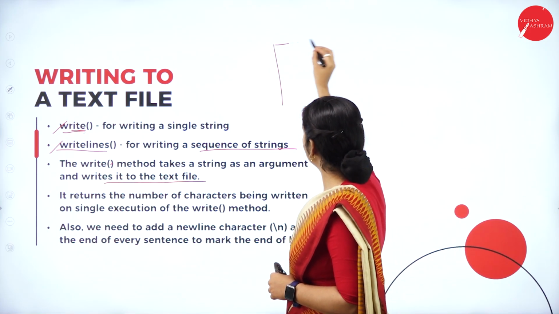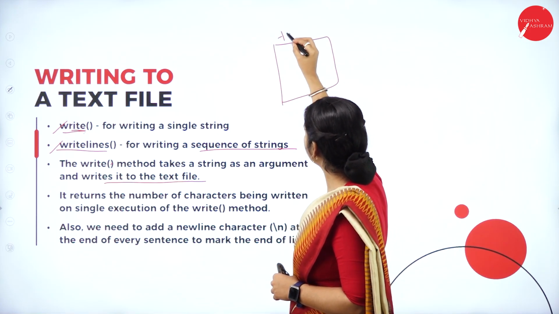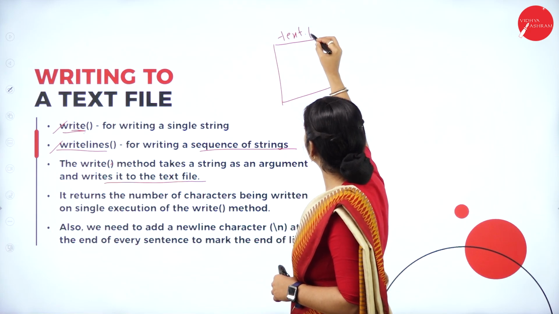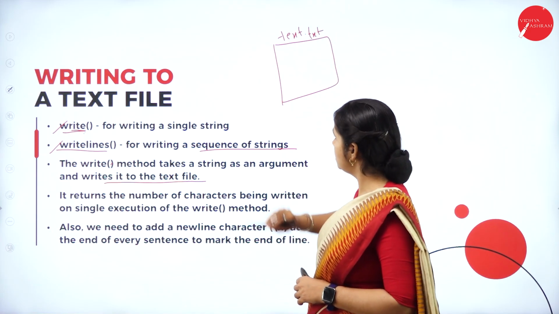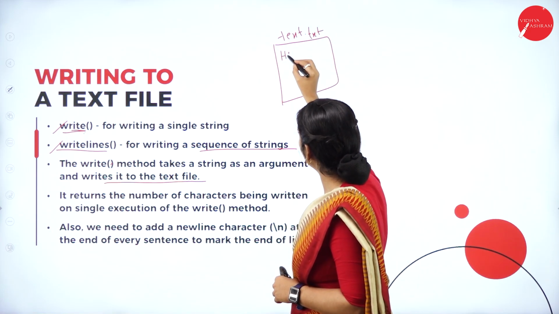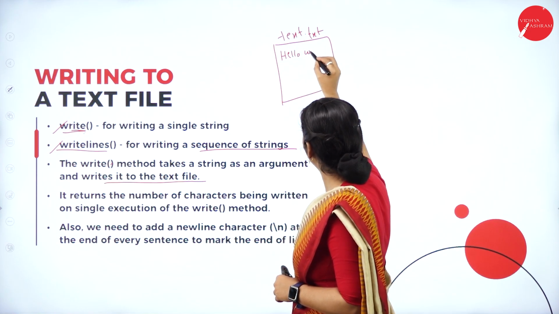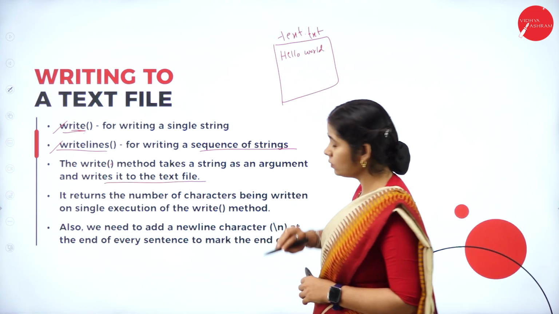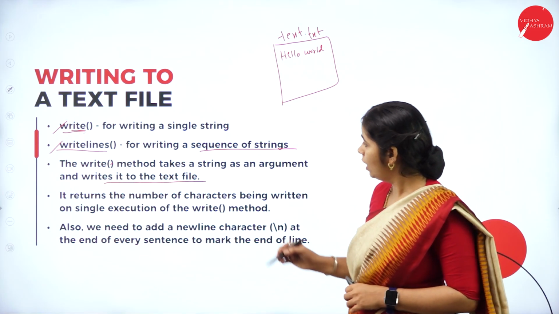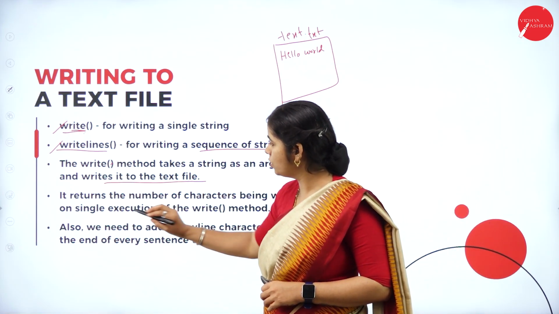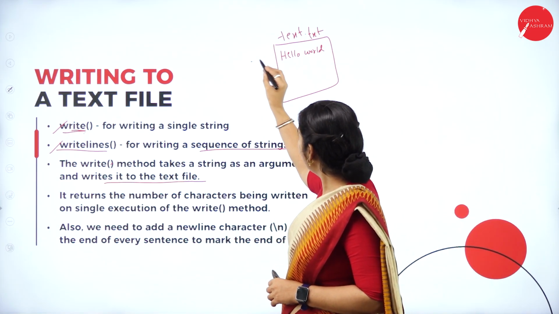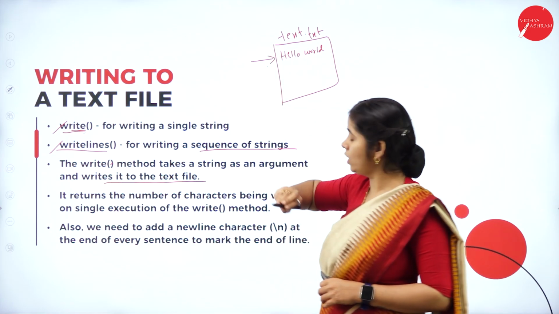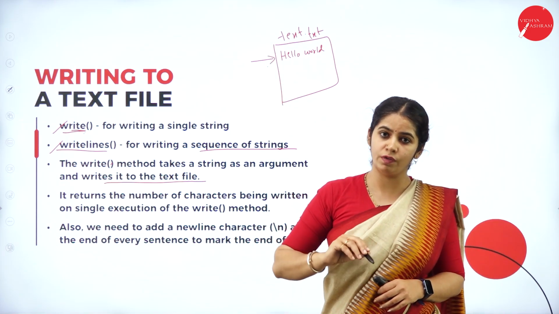Say consider this is my text.txt. What I have here is hello world. Hello world is the data that is stored. If I want to do the write operation, what can I do? It will always point to the first, initial location of the file.